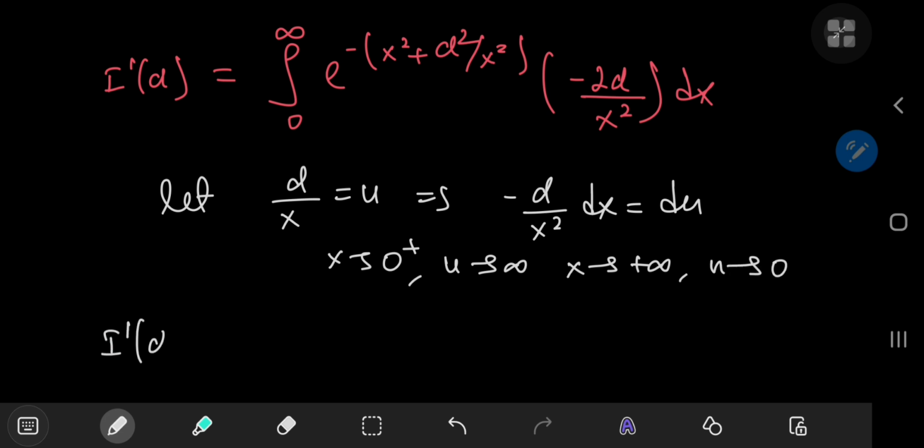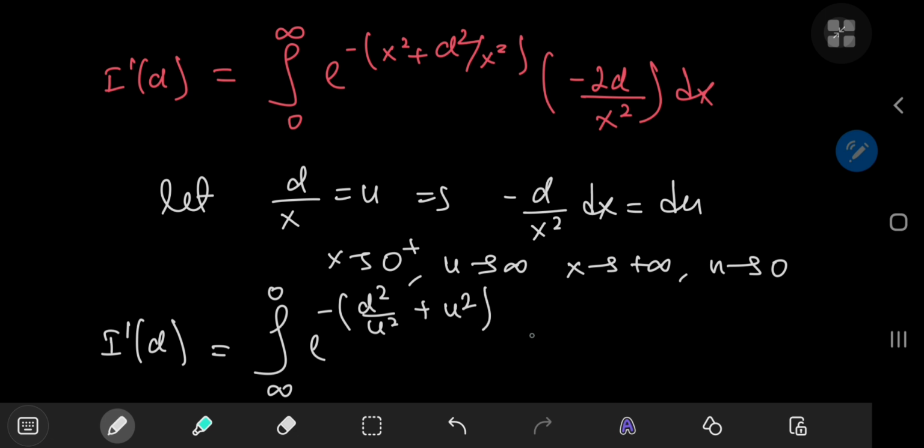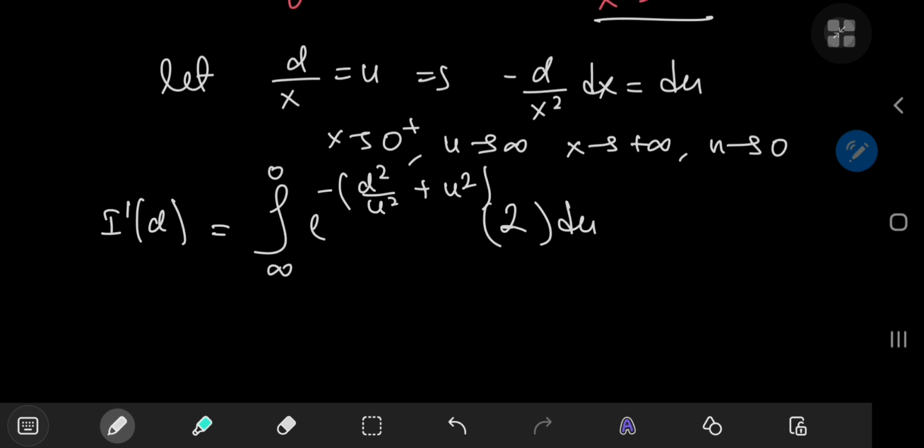So the derivative with respect to alpha in the u world is the integral from infinity to 0 of e to the negative x squared becomes u squared, and alpha squared by x squared is u squared. Okay, cool. And we have this differential element as well, so we're only left with a factor of 2 and integration with respect to u.